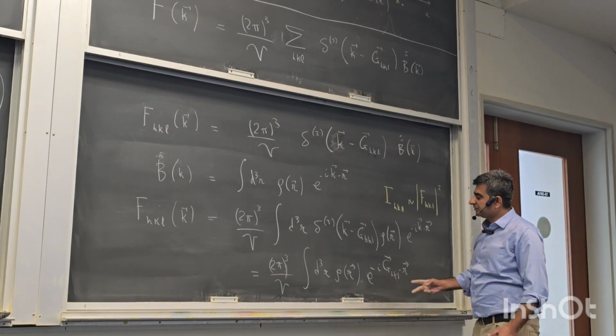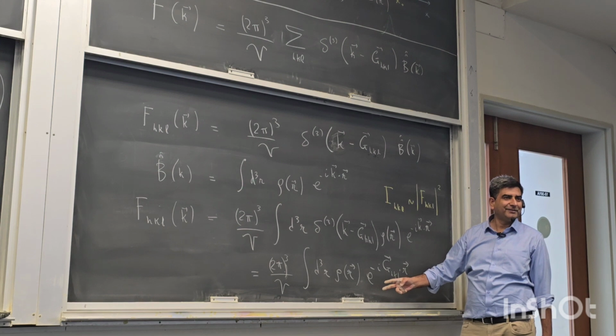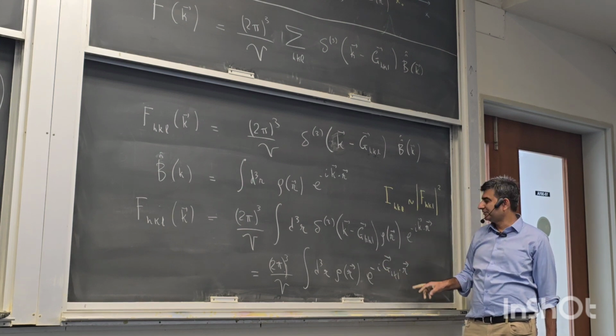Now let's assume some form for rho R. Okay? So far so good. So I've just replaced this K with G HKL.